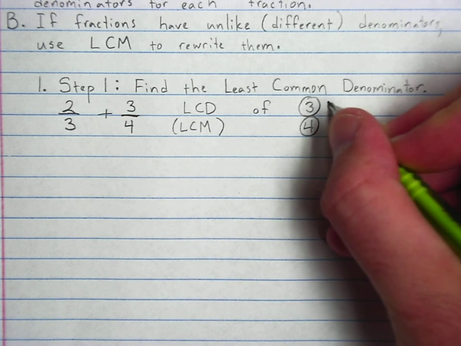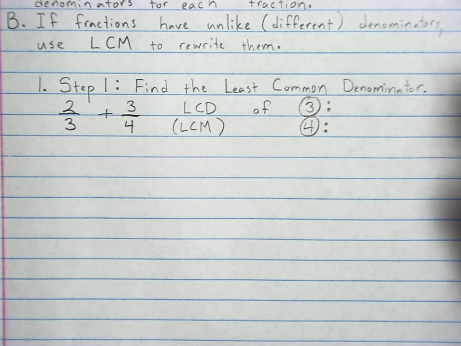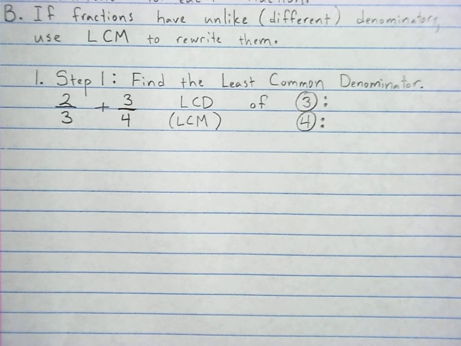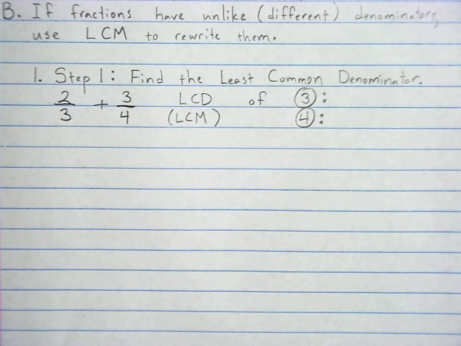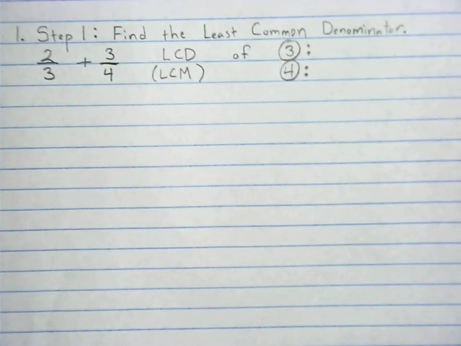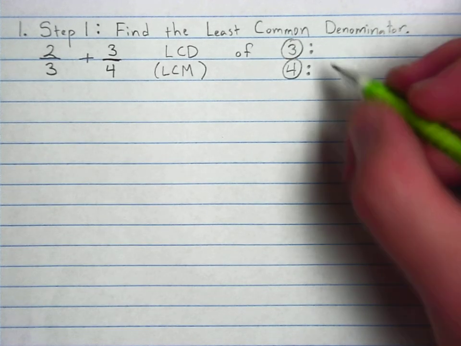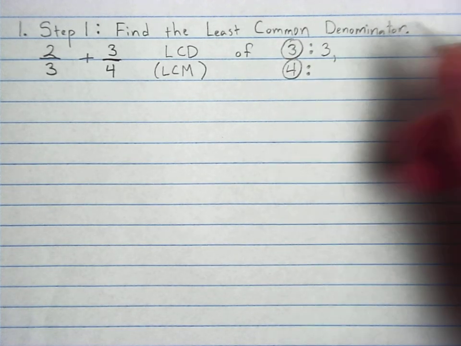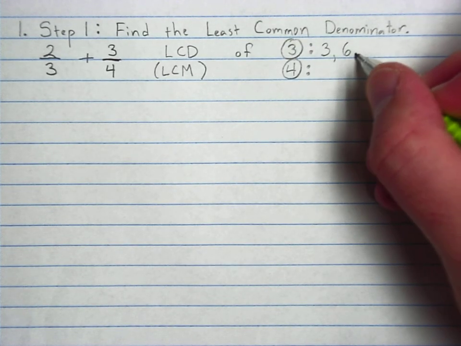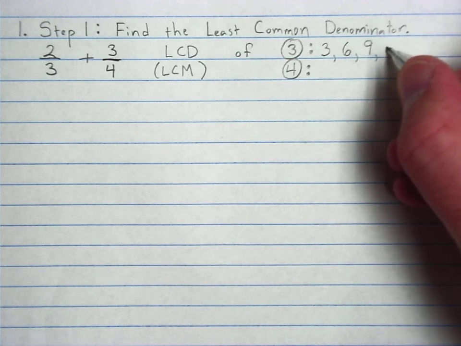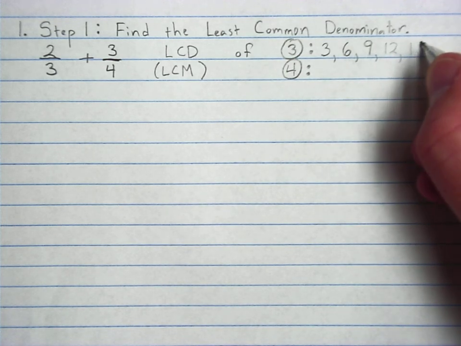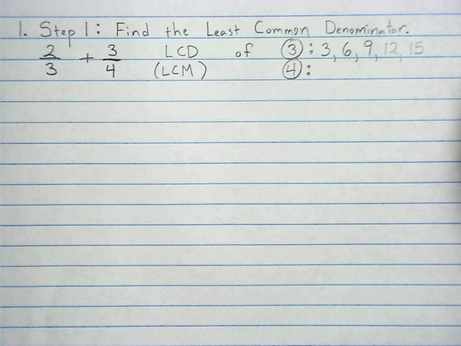Now, I know I keep repeating this, but I'm hoping it'll motivate you to work on your multiplication facts. If your multiplication facts are strong, you might already know what the LCM for 3 and 4 is. But we'll go ahead and list them out. The multiples of 3, we've got 3 times 1, 3 times 2, 3 times 3, 3 times 4, 3 times 5, and that should be good.